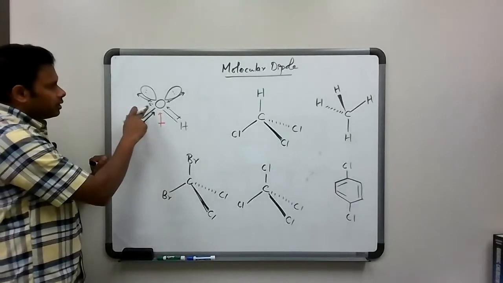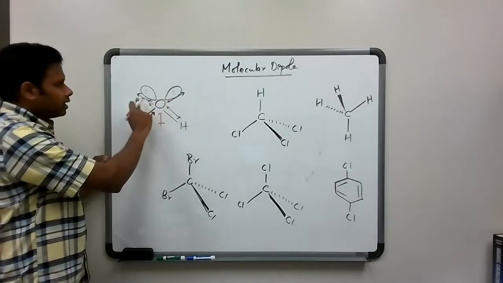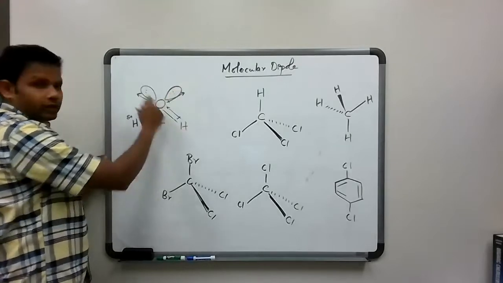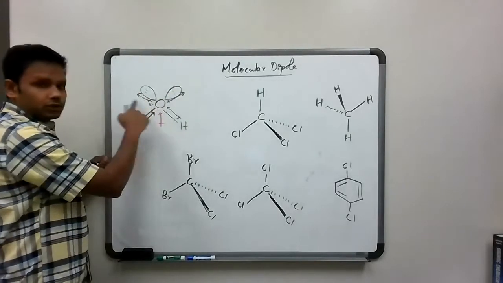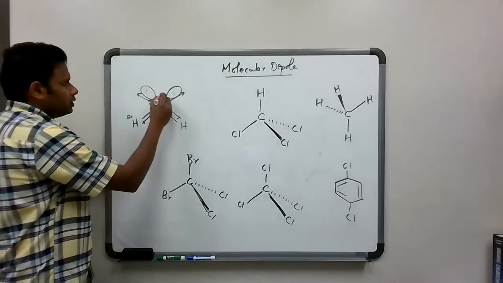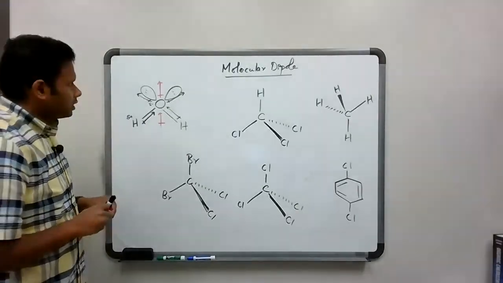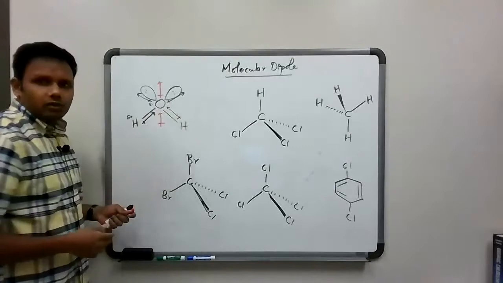Similarly, for the lone pairs, the dipole is again pointing at angles, but it's pointing out. And the vector composite for these two dipoles is going to be pointing up. Now I can go into more details, but I'm trying to avoid that right now.